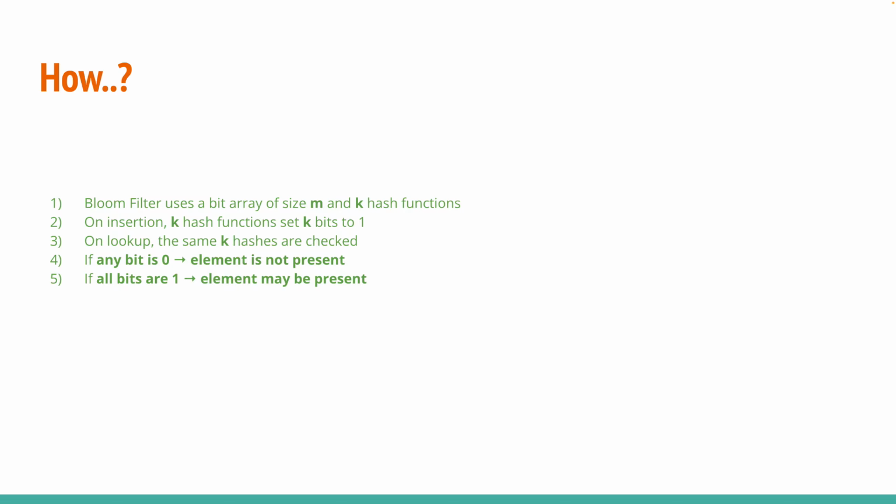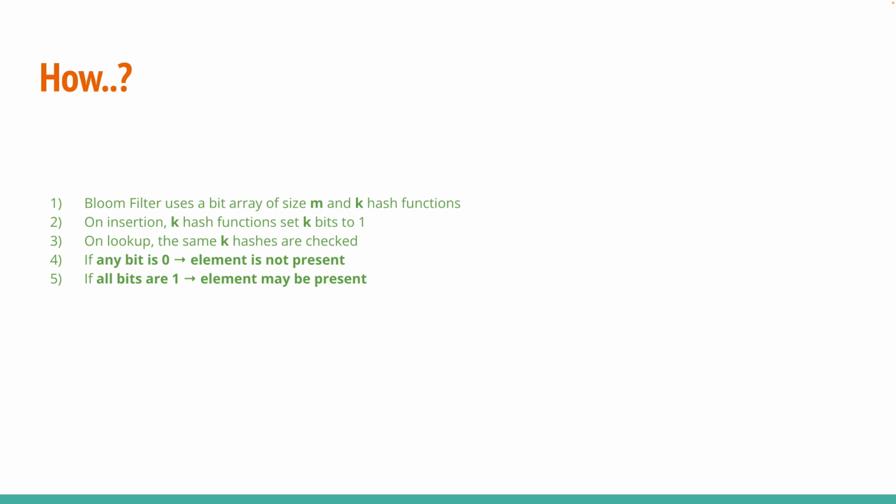At lookup time, the lookup key will be passed on to those same k hash functions, and again they'll compute the hash, determine the index, and go check the value at that index. If the value is 1, it means that as per that hash function, that element is present.